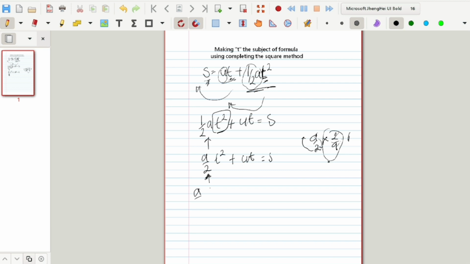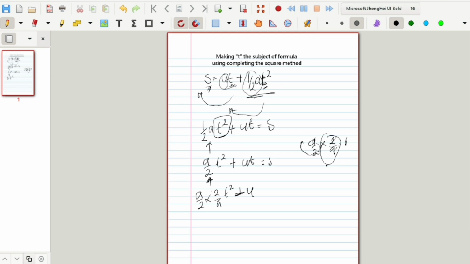So you have a over 2 times 2 over a t squared plus ut times 2 over a equals s times 2 over a. This cancels out, and you'll be left with t squared plus 2u over a t equals 2s over a.